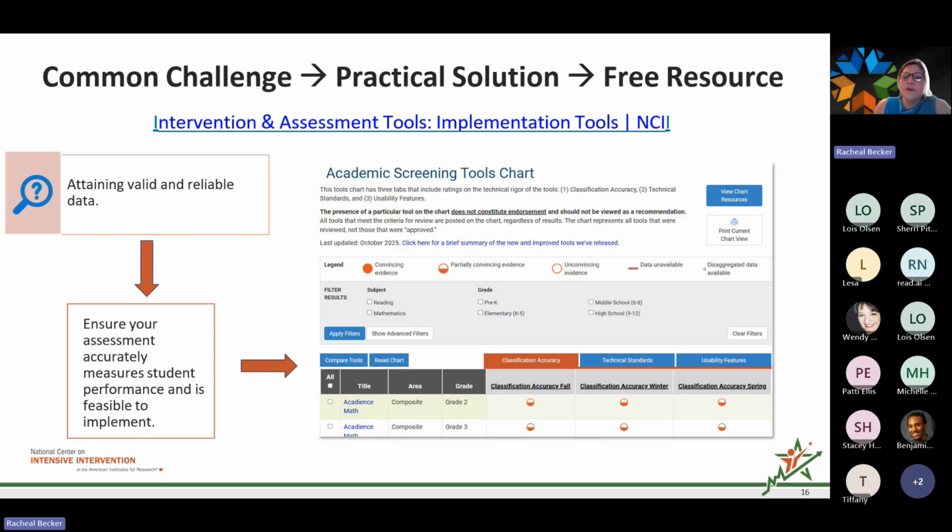And then it will tell you the reliability and the research that is linked to these specific tools. It's a really great tool, and I would encourage you to spend a little time looking through this. It's really useful.